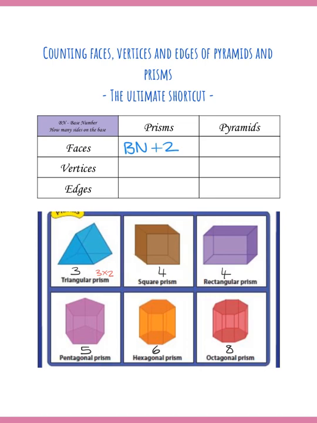So again, I've got 4 times 2. 1, 2, 3, 4, 5, and at the bottom 1, 2, 3, 4, 5. So that would make it 5 times 2. And so clearly the shortcut to finding the vertices will just be base number times 2.